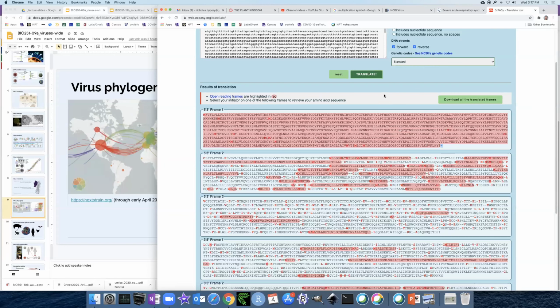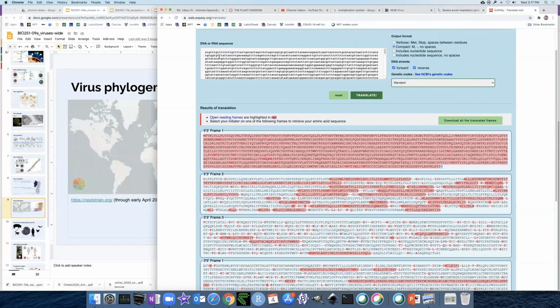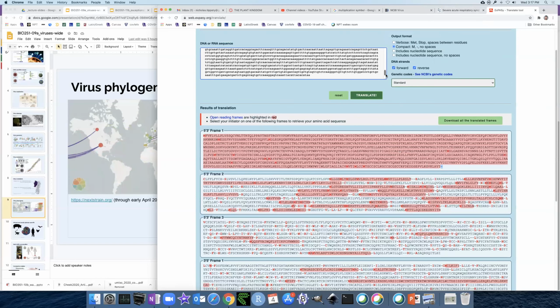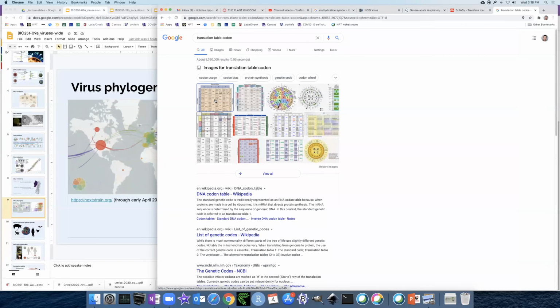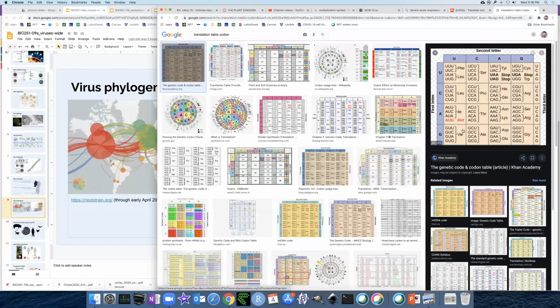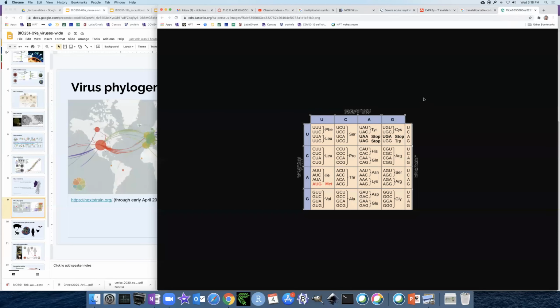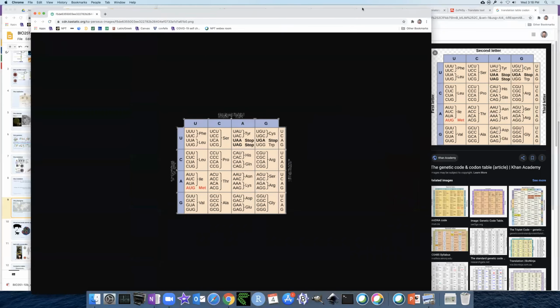We could also, if you wanted to take this sequence, look at the sequence and find out what the codons are. You could take this to a codon translation table. And let me put this in a different window so we can use it.